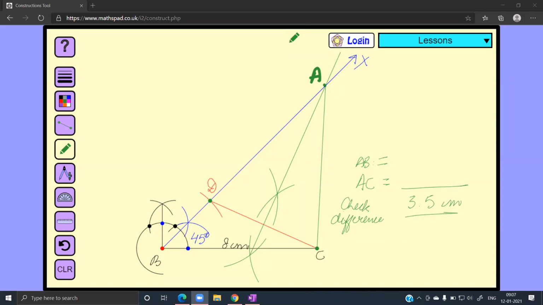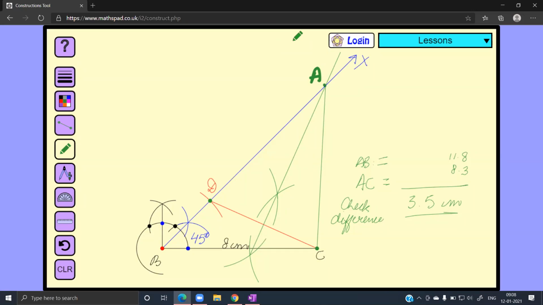Can anyone tell me what are the lengths of AB and AC obtained? Ma'am, I have got AB as 11.8 and AC as 8.3. Okay.